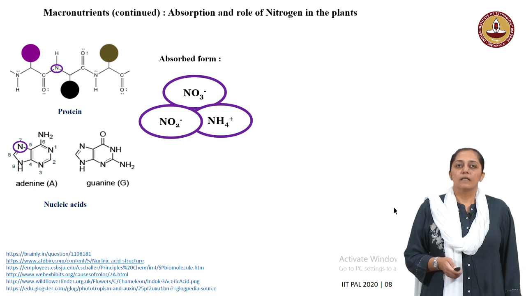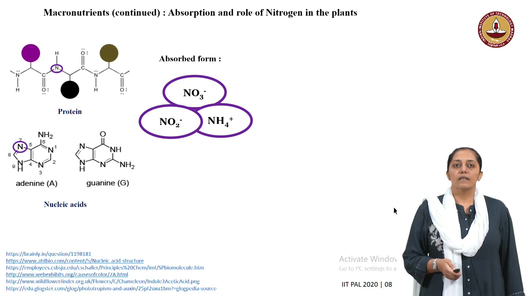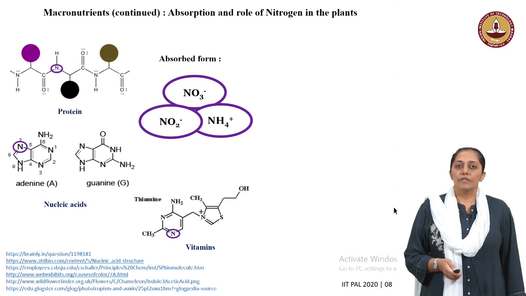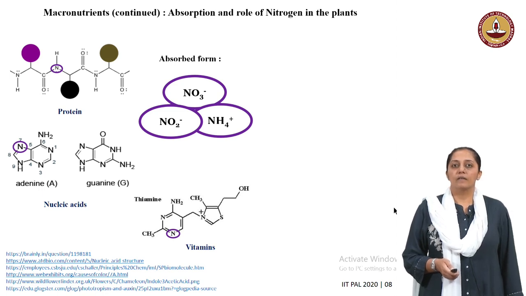Then nitrogen is also a component of nucleic acids like adenine and guanine, shown here. The nitrogen part has been circled in purple. In some of the vitamins like thiamine, nitrogen is a part of its structure.